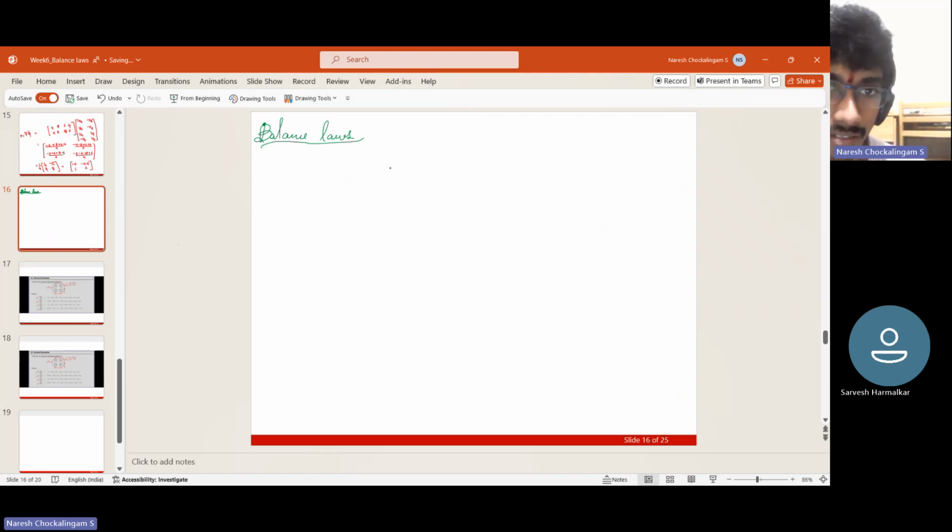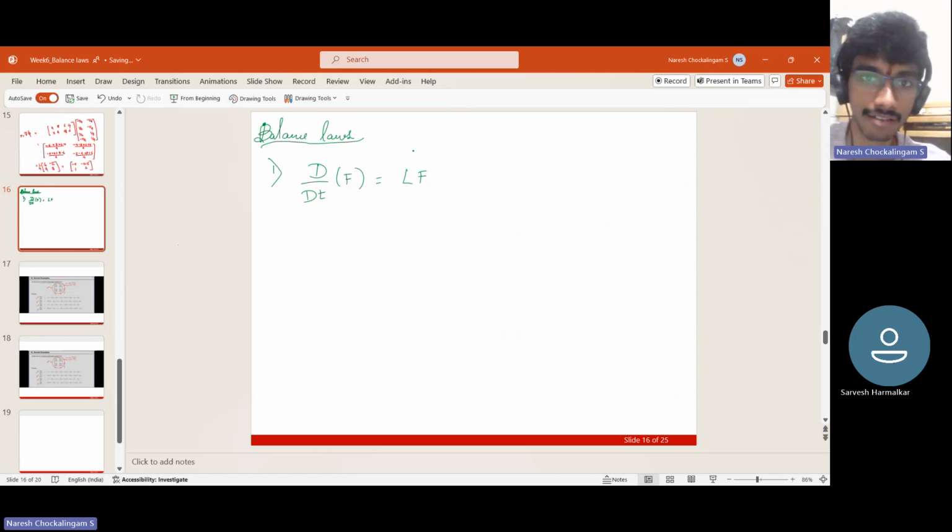So let us just start solving some problems. Let us start with this relation. The material time derivative of the deformation gradient is nothing but the velocity gradient acting on the deformation gradient itself. This is a very fundamental proof.